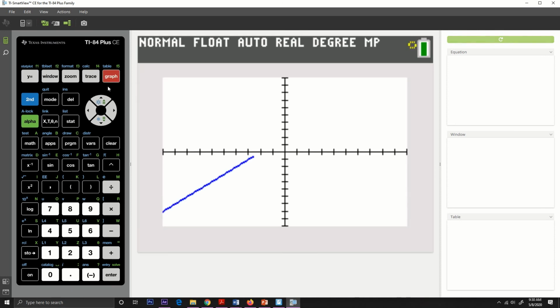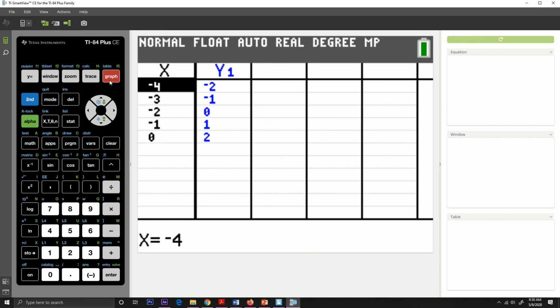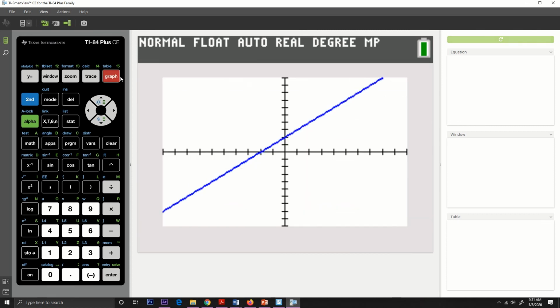And we hit graph. We notice that there doesn't look to be any kind of a break here. Now clearly, if I bring up my table and I type in 2, let's go down here, go 1 and then 2, I get an error. So clearly there is a division by 0, and clearly at x equals 2, I have a little bit of a hole.